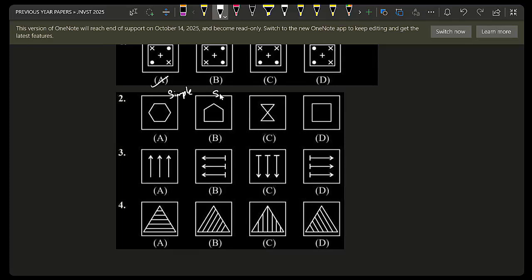Option B also is a simple figure because it is not crossing over itself. Option D also. In geometry, we learn the difference between simple figure and complex figure. This is a complex figure. Why? Because it is crossing over itself. So all except option C are simple figures. Option C is correct.